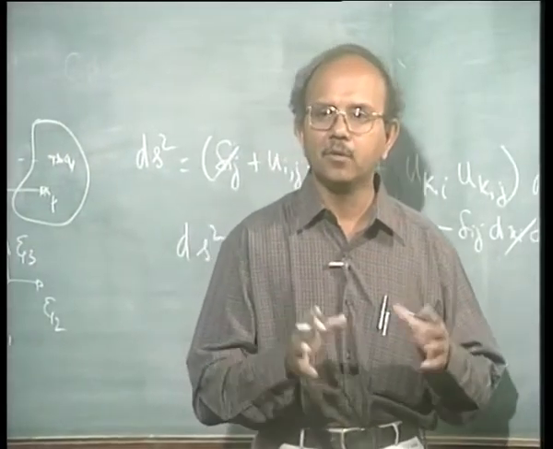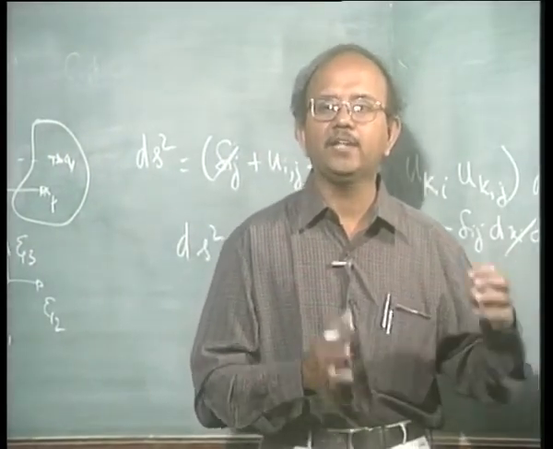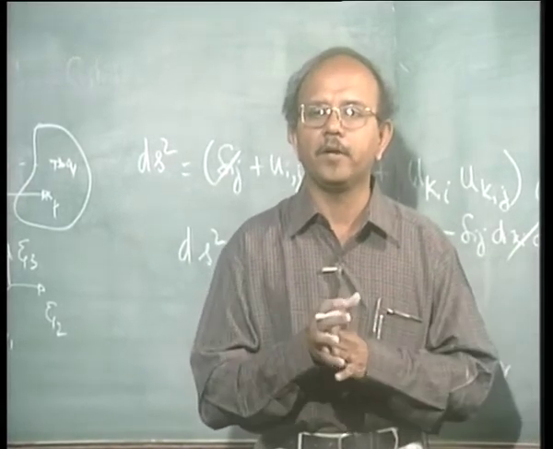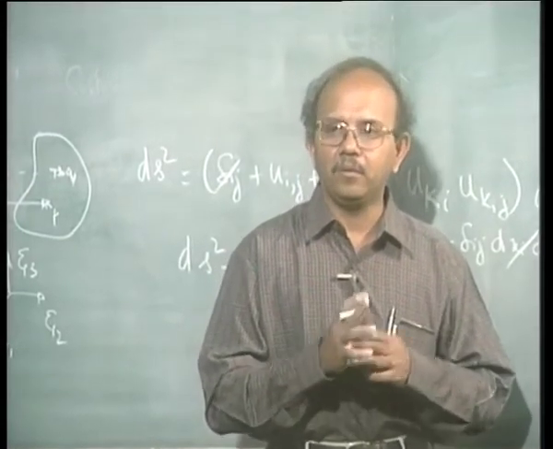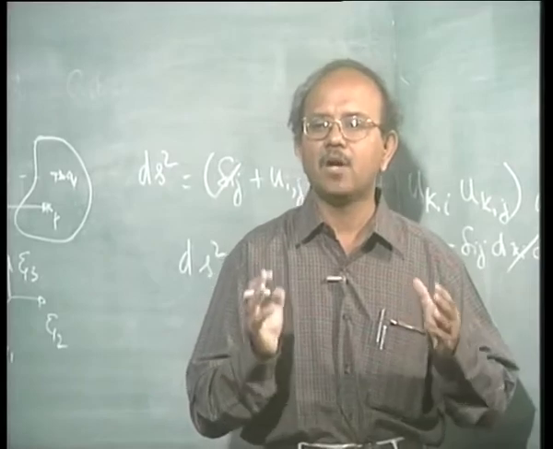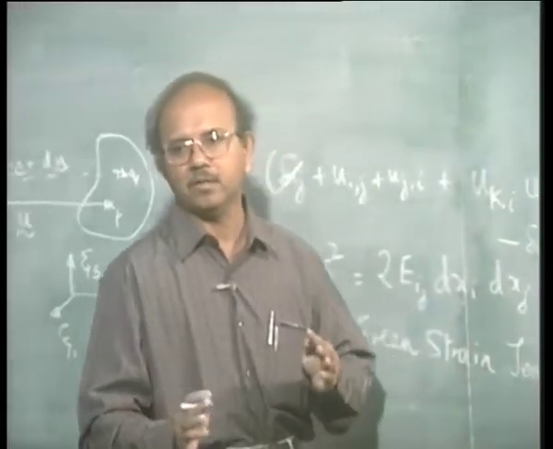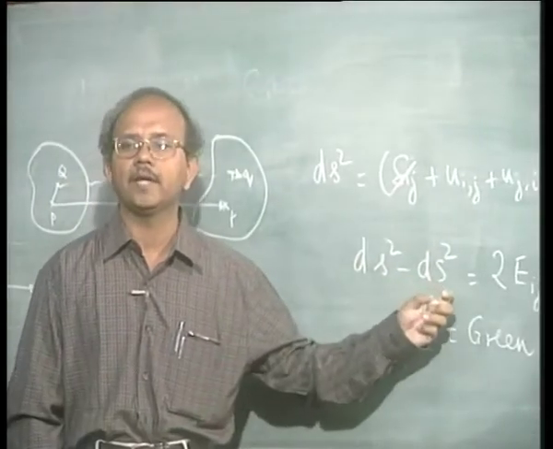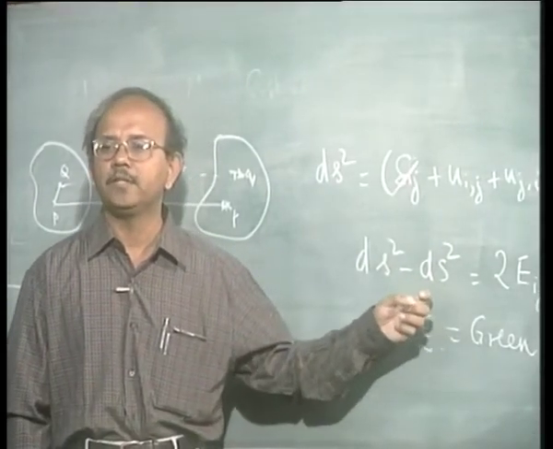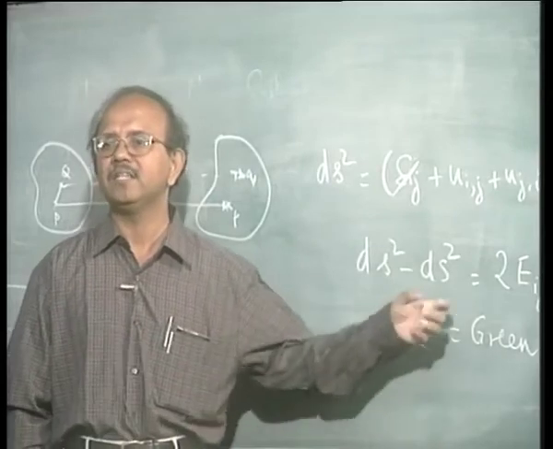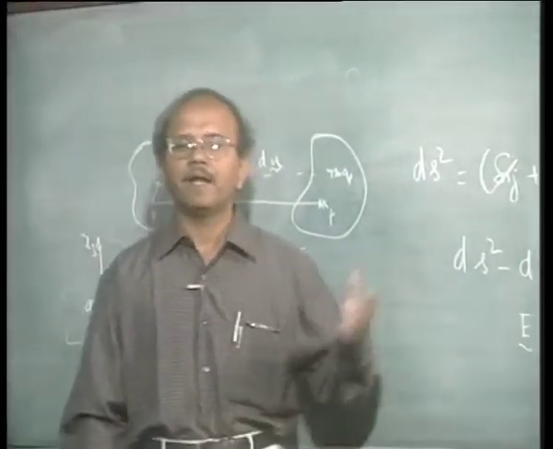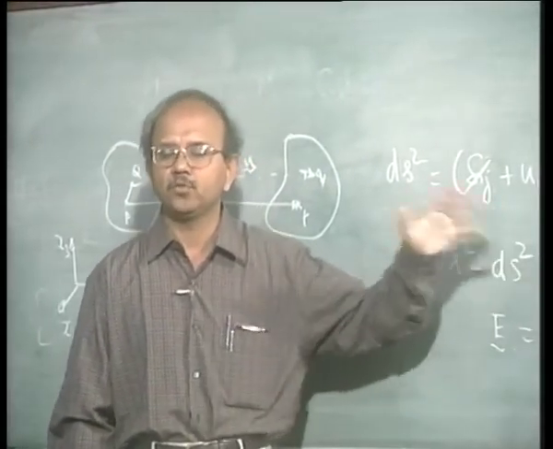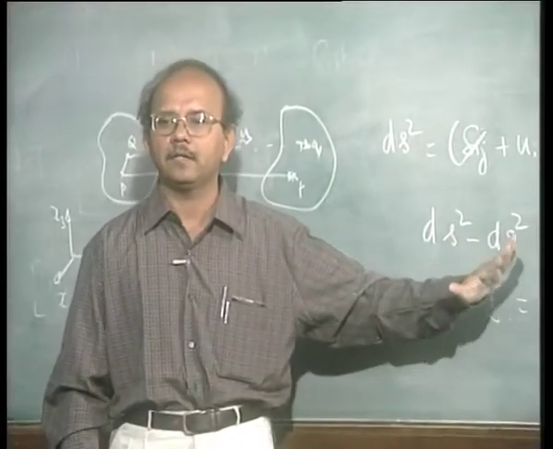So that kind of confusion can be there, and that is not a confusion, it's a very valid point. In order to take into account all these valid points, the strain in the large deformation case is not measured by one quantity only. One of the quantities by which we can define strain is called Green strain. Another quantity is Almansi strain and so on, and I am not going to worry about all that right now.